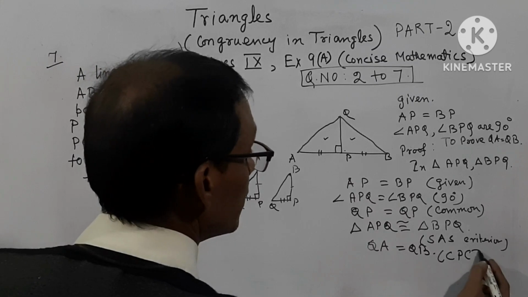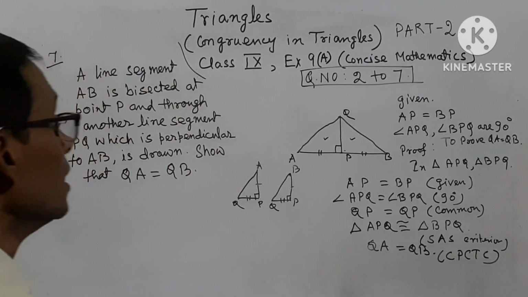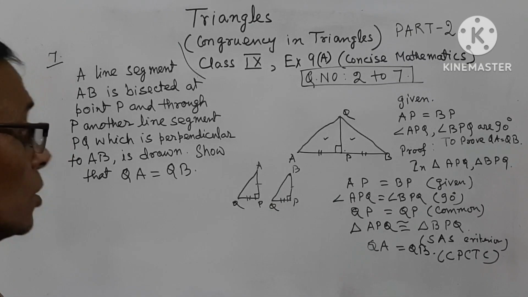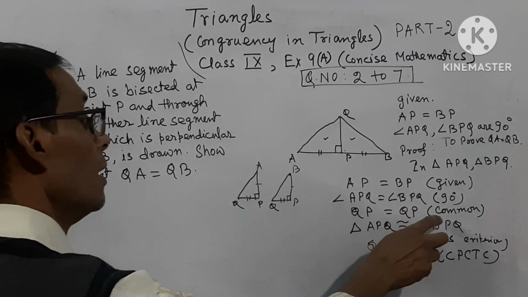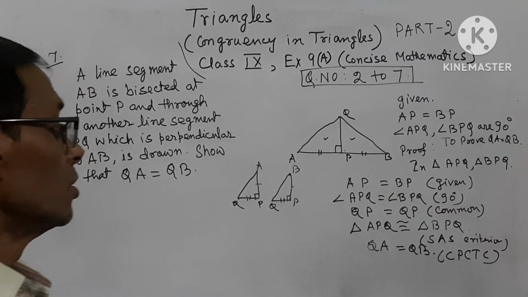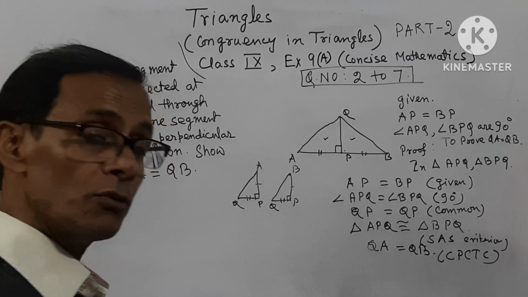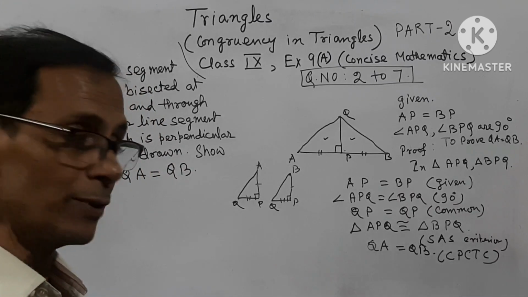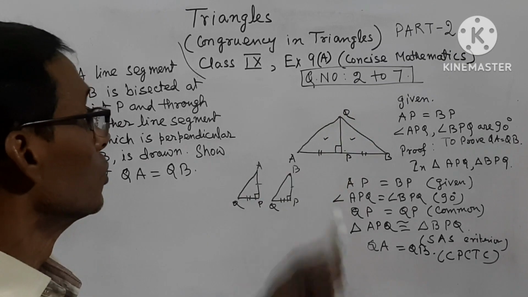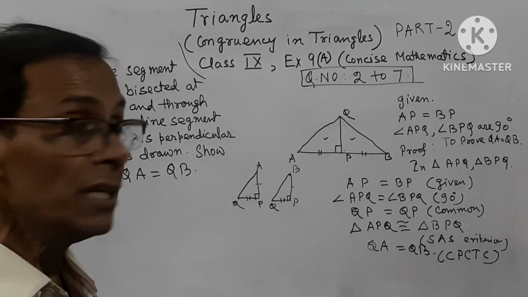So CPCTC. Already we have proven that APQ and BPQ are congruent. So corresponding parts of congruent triangles are always congruent. That means equal.